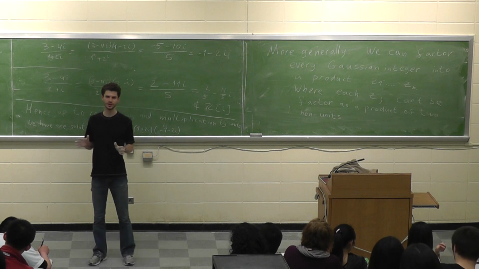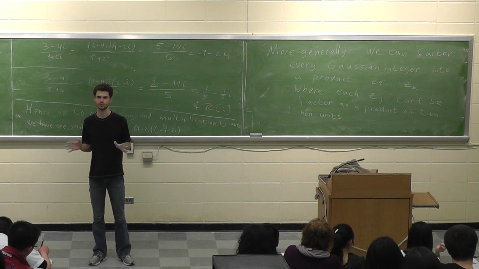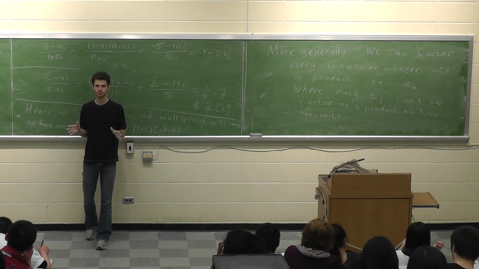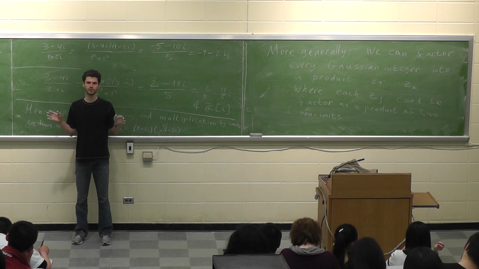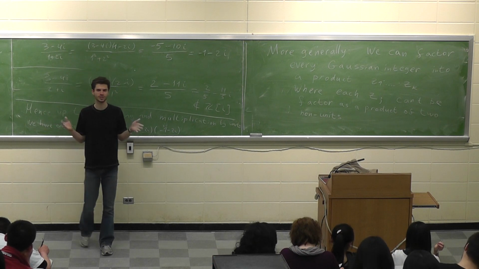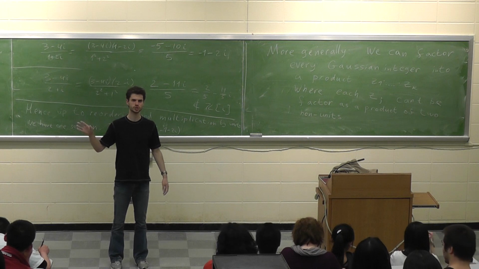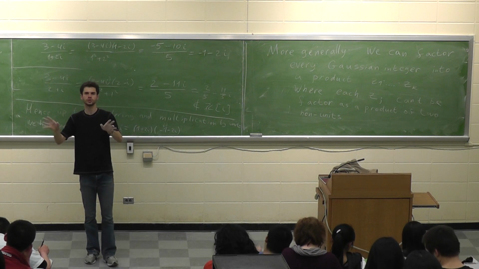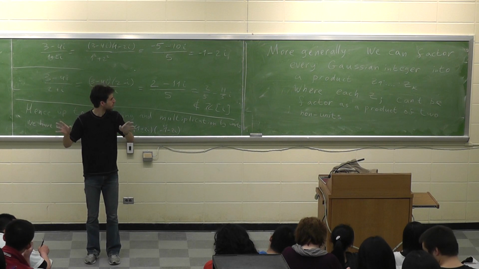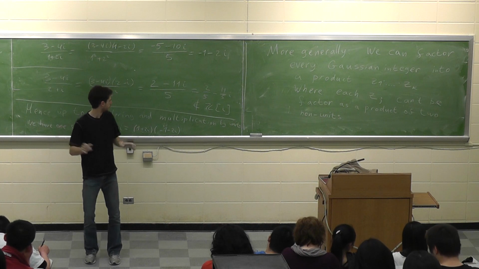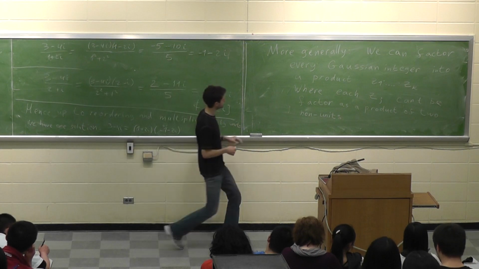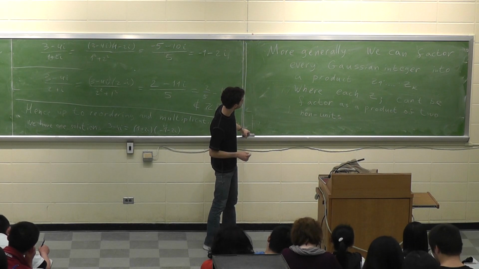So the question: why would this algorithm stop? One possibility that could happen is like this. You start with the Gaussian integer, you factor it as a product of two non-units.